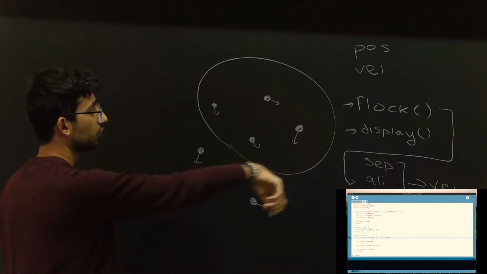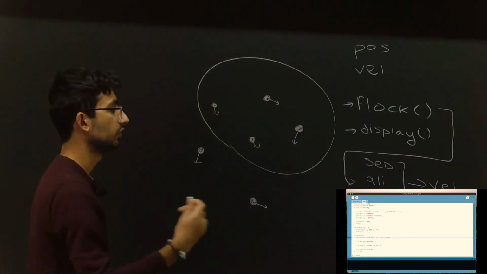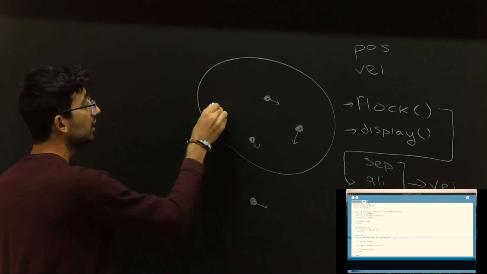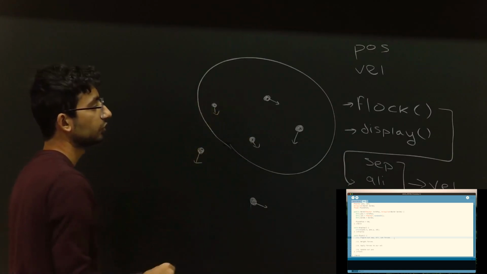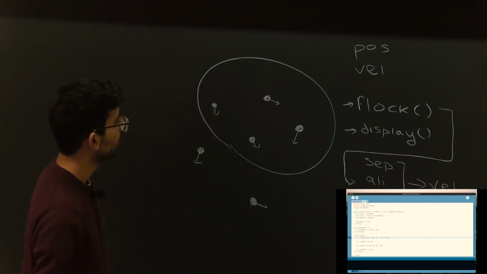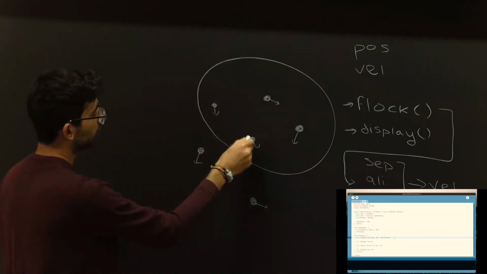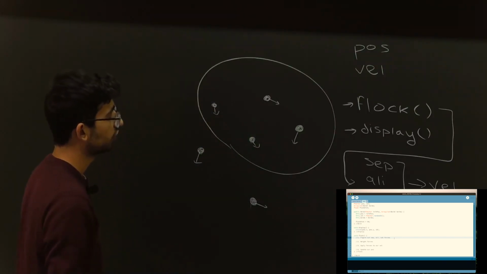And maybe just the ones within the circle are visible to me, so they're the only ones that matter. So I'll say, hey, you're inside of my circle, so you matter to me. I want to move away from you. I want to move the opposite direction as you.